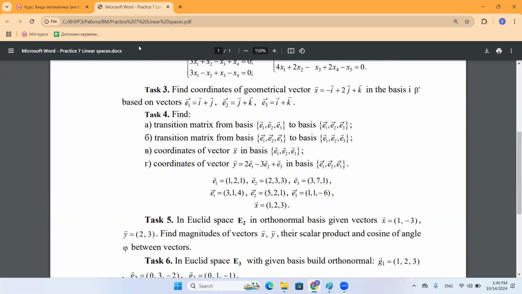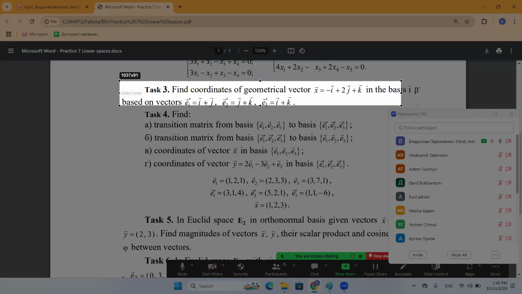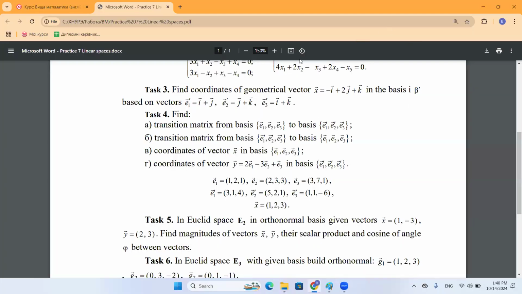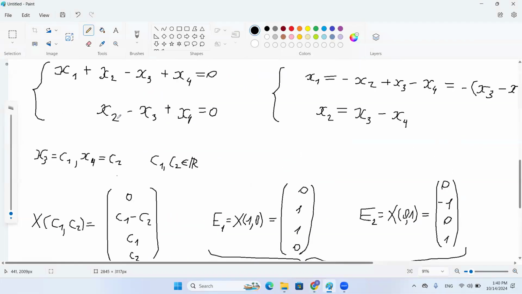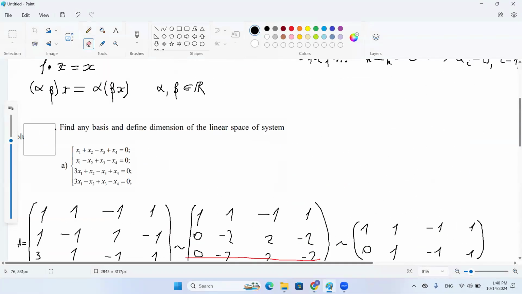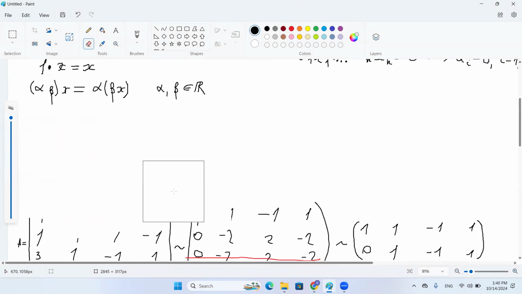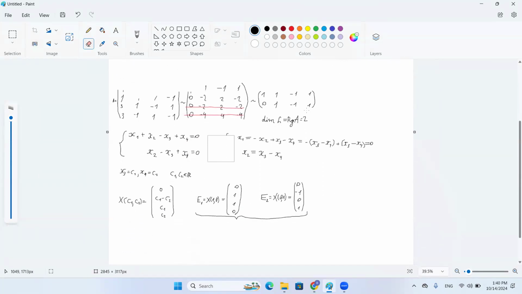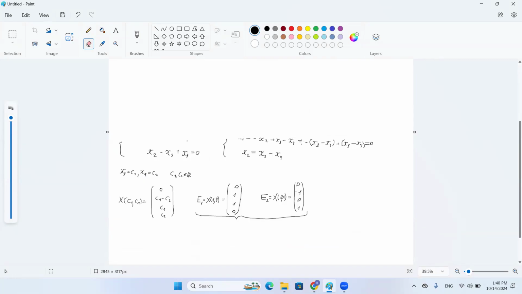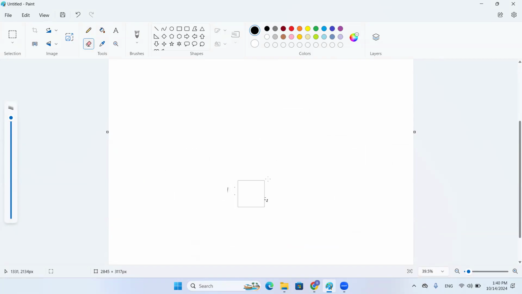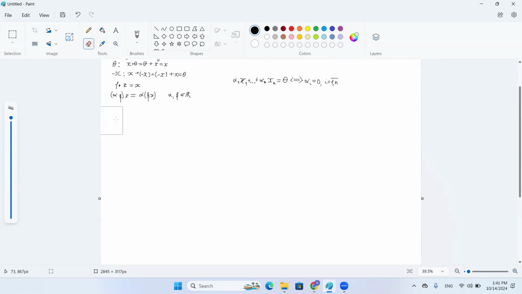Now we need to find coordinates of geometrical vector x in other bases, based on these vectors e1, e2, and e3 with prime. You already know how to expand the vector with other bases, by solving the linear system, but now we will use the other way.